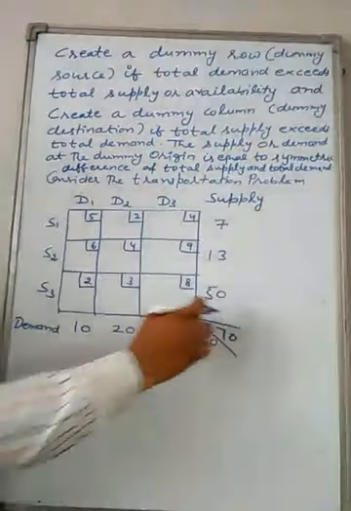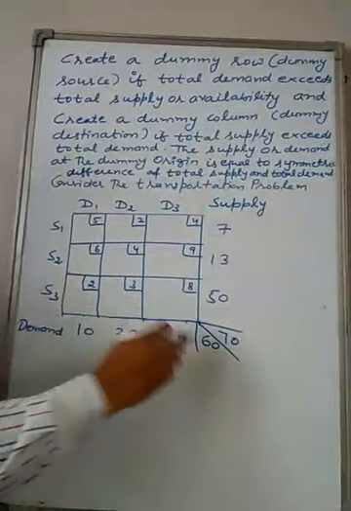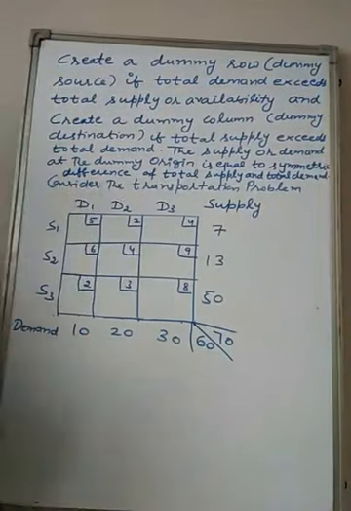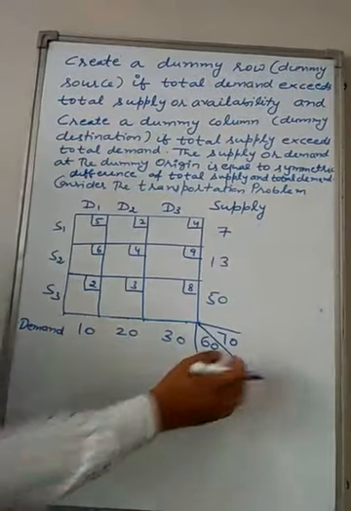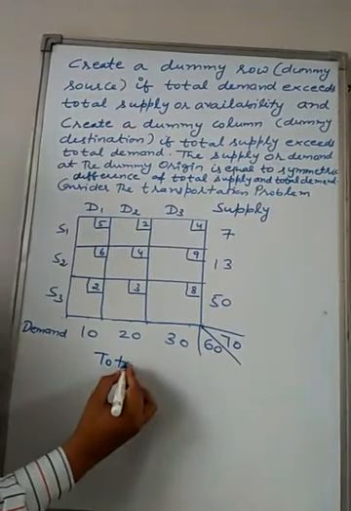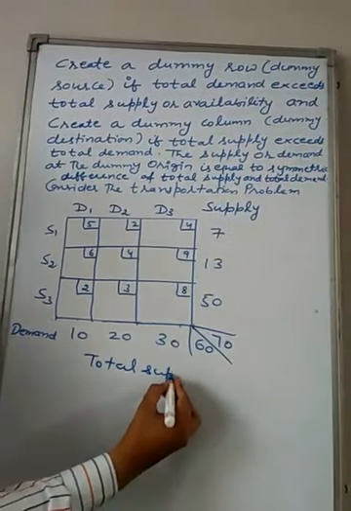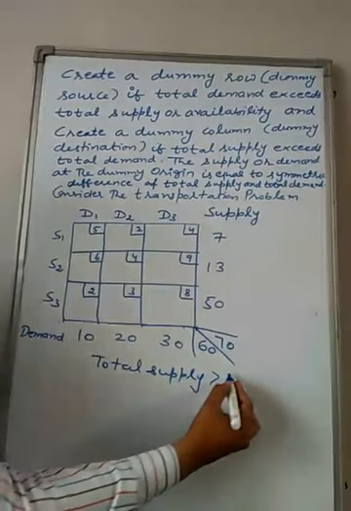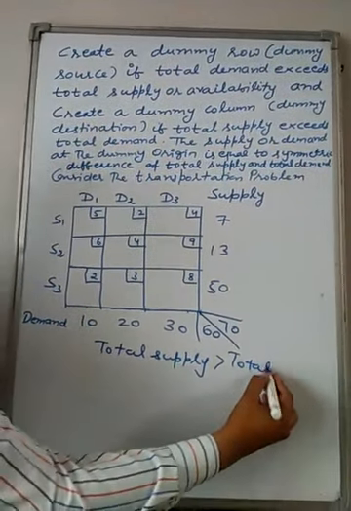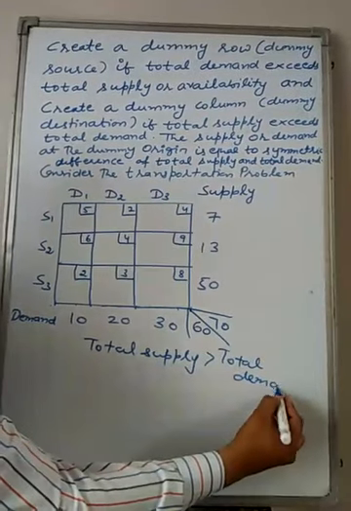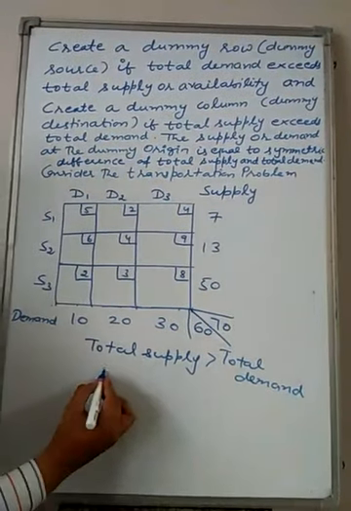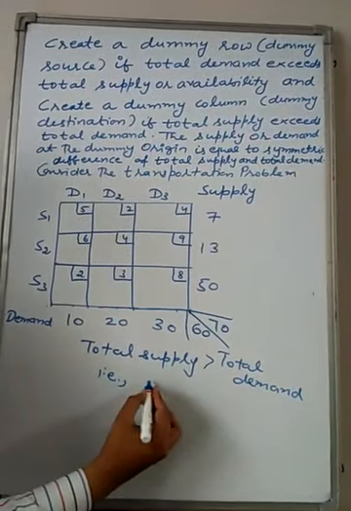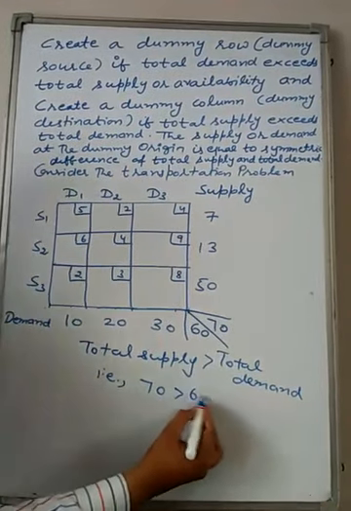Now we will discuss how we change this into a balanced transportation problem. In this case, total supply is greater than total demand, that is, 70 is greater than 60.